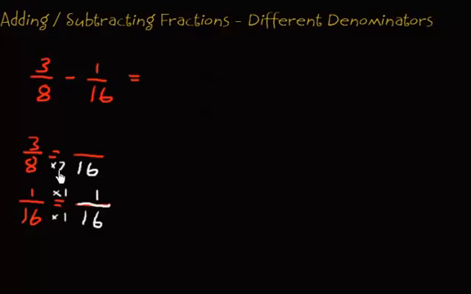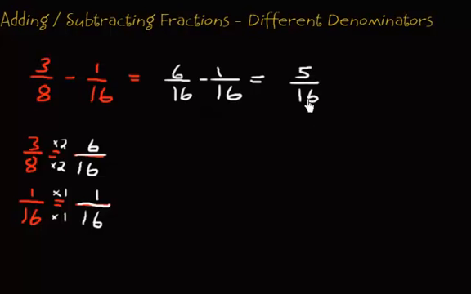I'm going to have to multiply by 2, so I'll multiply the top by 2. 3 times 2 is 6, so 6 out of 16. So my new fractions: 3 over 8 is really 6 over 16, and 1 over 16 is still just 1 over 16. But now I have the same denominators, so when you subtract them, you'll get 5 over 16.